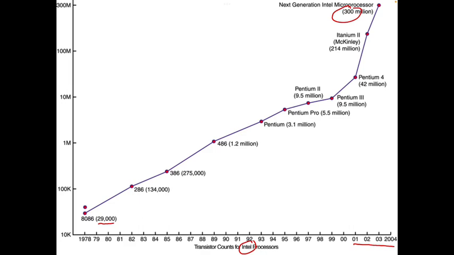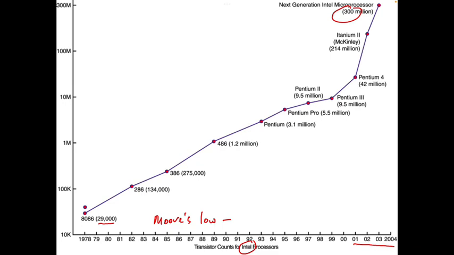So if you want to look at what we call Moore's law, what this law says is that the number of transistors that can be placed approximately doubles every 2 years.